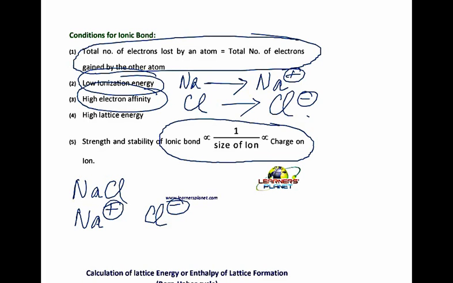So these five points: the total number of electrons gained by or lost by one atom should be equal, the low ionization energy should be there, there should also be a high electron affinity, high lattice energy should also be there, and the strength and stability of the ionic bond is proportional to 1 by size of the ion and to the charge of the ion. So these are the conditions of ionic bond formation.